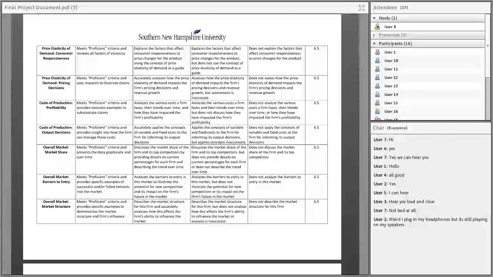The next element for the cost of production was the output decisions. You distinguished fixed costs from variable costs. You could have done the 2 elements together because the cost of production is made of fixed costs and variable costs, but you also need to explain how the difference between variable and fixed costs informs the output decisions.